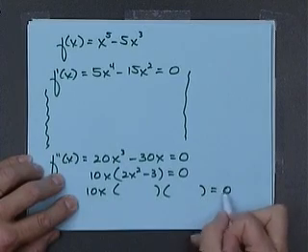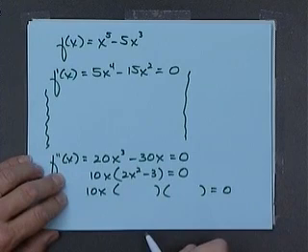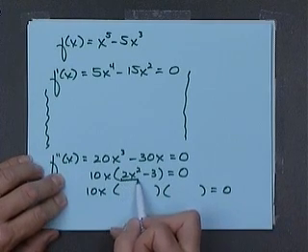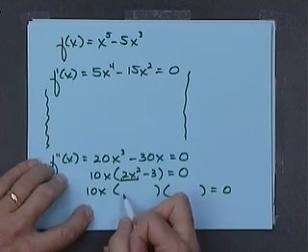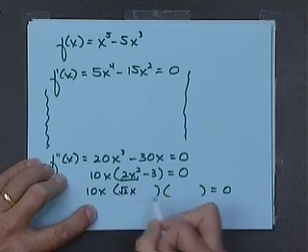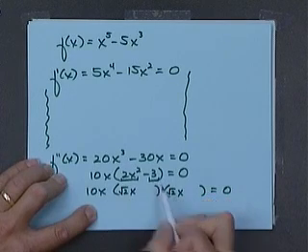Can I treat that as the difference of two squares? I guess more importantly, can you treat that as the difference of two squares? Is this something squared? It is. It's the square root of 2x, right? And is this something squared?